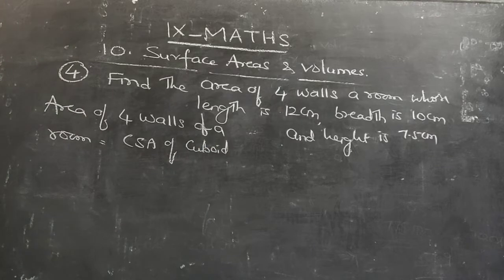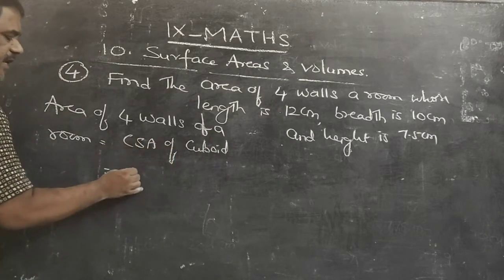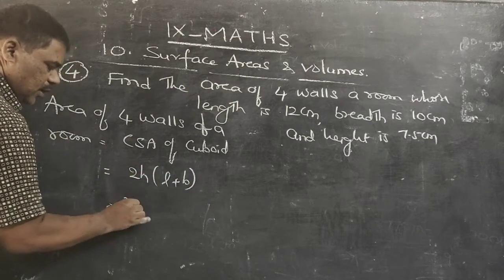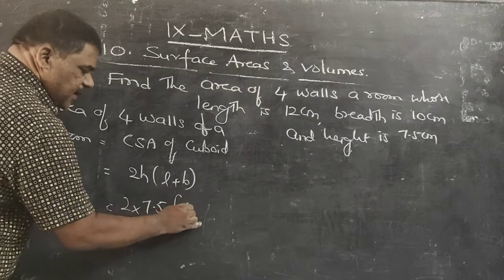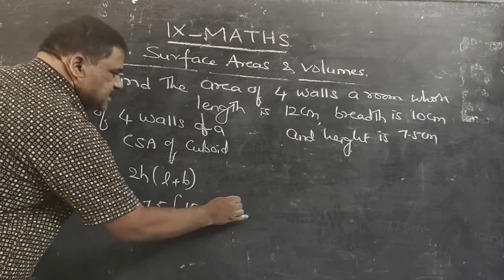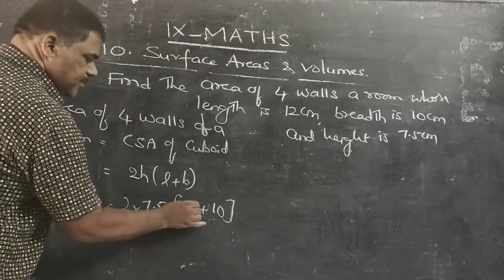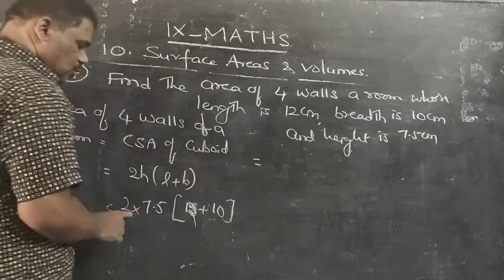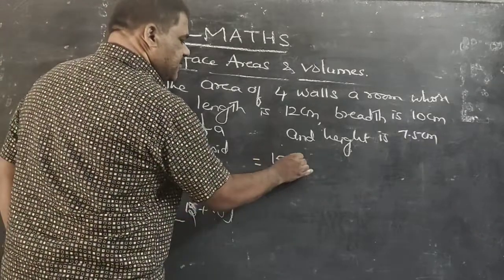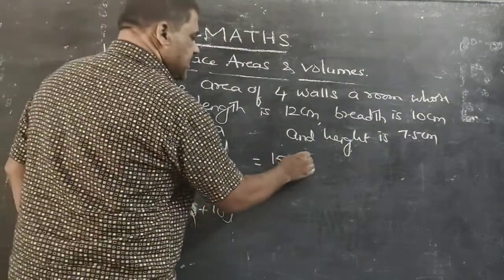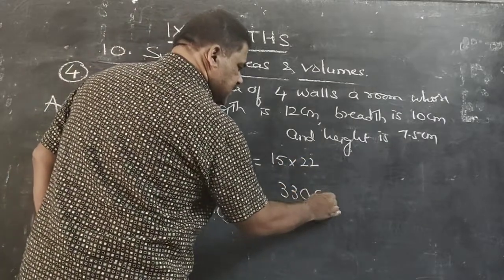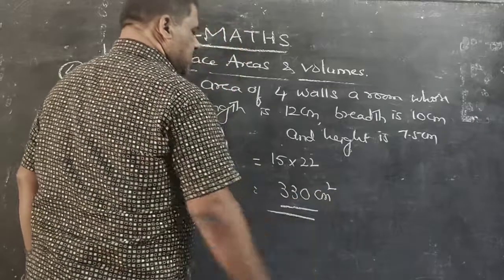So lateral surface area of the cuboid is given by 2h into L plus B. 2h value is 7.5, length is 15, breadth is 10, length is 12, sorry. 2 into 7.5 is 15. 12 plus 10 is 22. So it is 330 centimeters square.